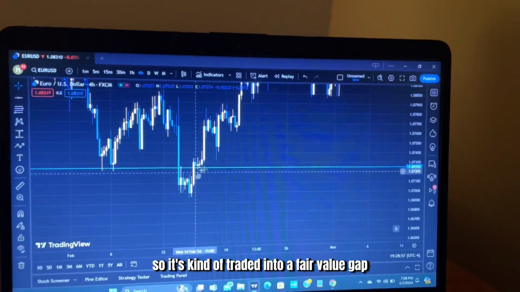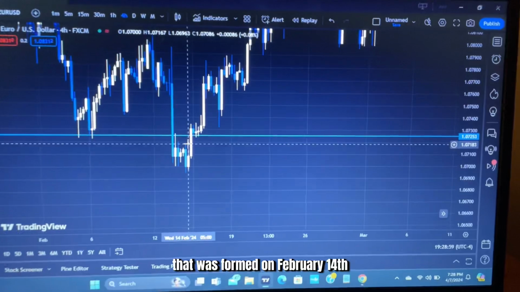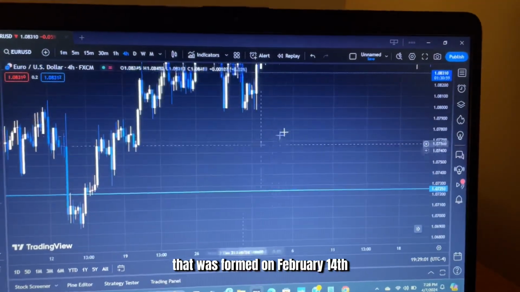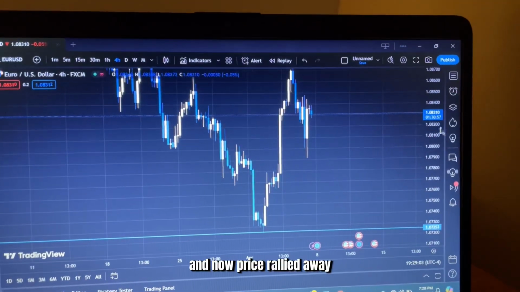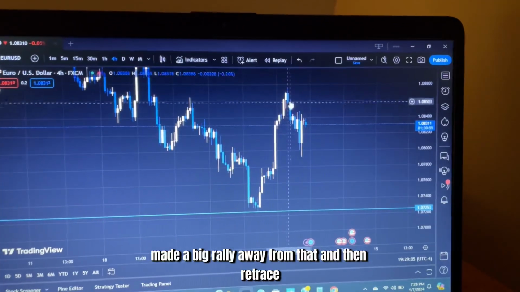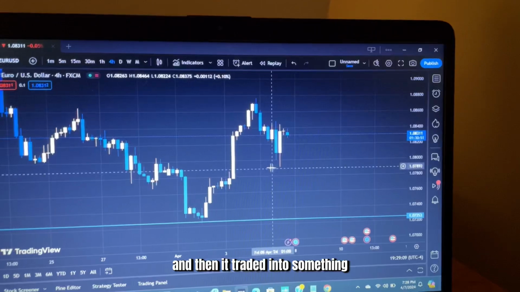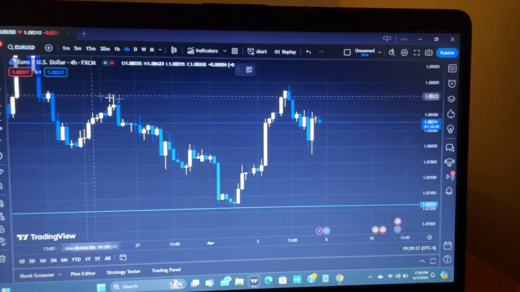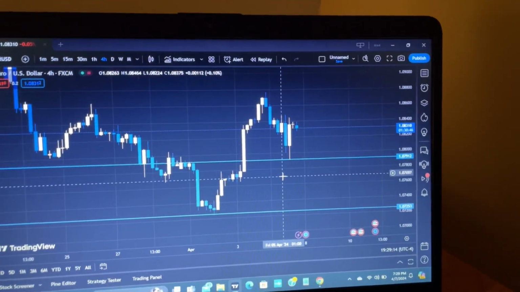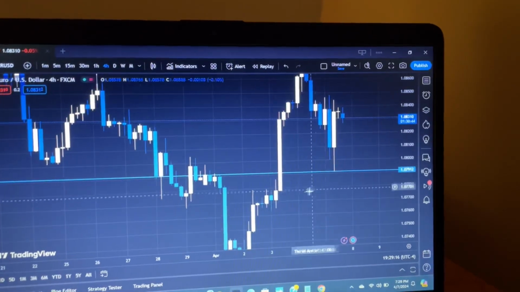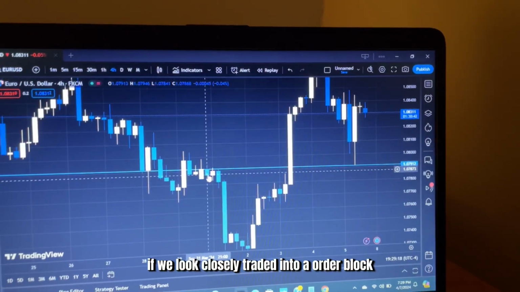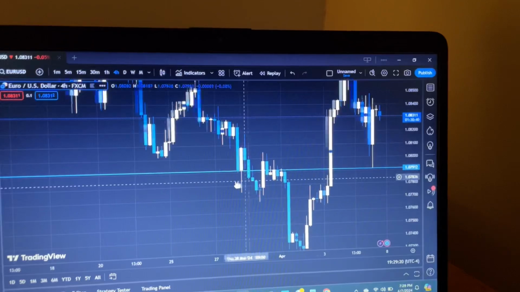So it kind of traded into a fair value gap that was formed on February 14th. And now price made a big rally away from that, and then it retraced, and then it traded into something. Let's mark this out. If we look closely, it traded into an order block.